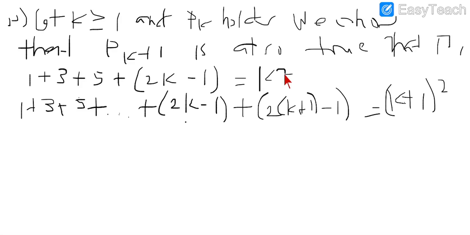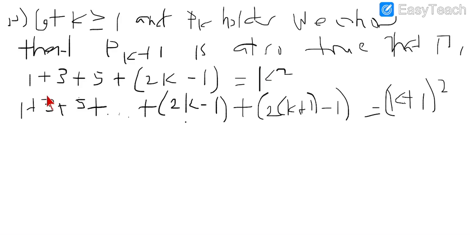So from k here, it becomes k plus 1. Copy the exponent. Now here, we all know that we claimed this statement equals the right side. We assume that this statement is equal to the right side.